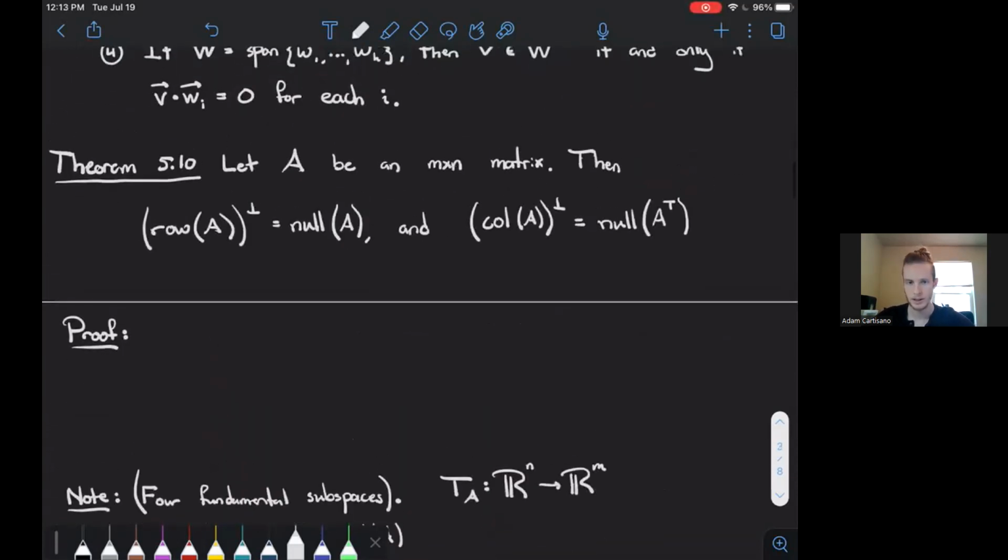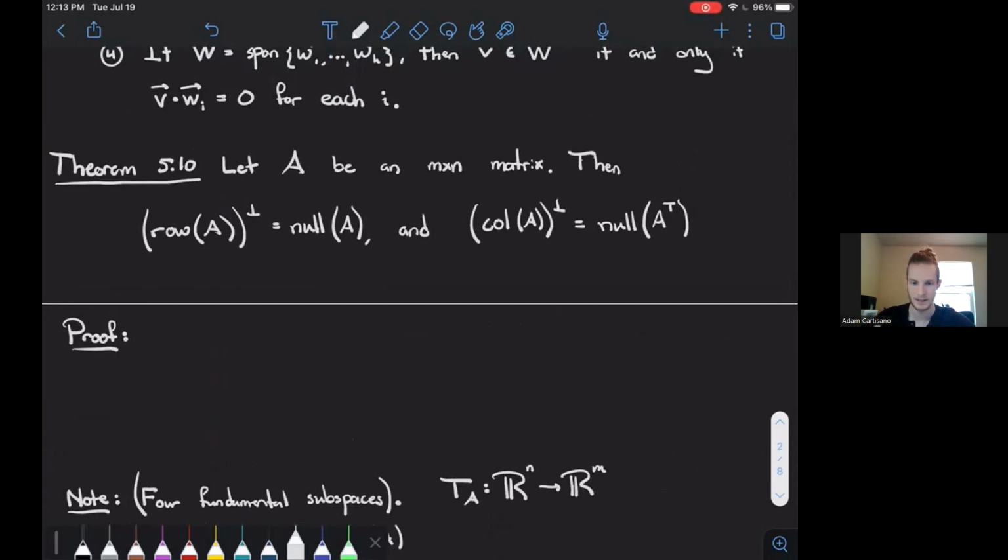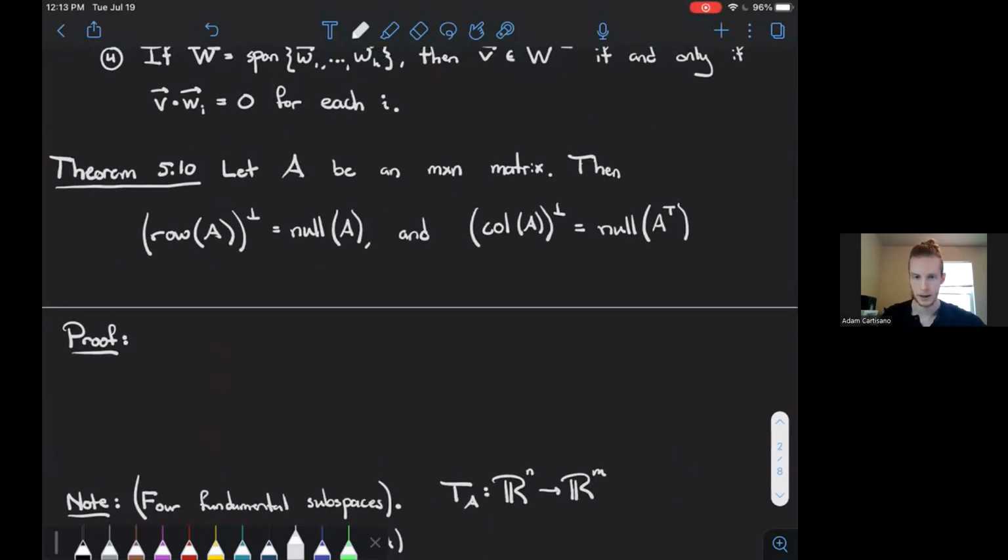But we'll look at a very specific case where orthogonal complement arises: the relationships between the row spaces, column spaces, and null spaces of a matrix. If you've been suspicious that row space, column space, and null space are all related subspaces given some matrix, you are on the right track. First of all, let A be an m by n matrix, so not necessarily square.